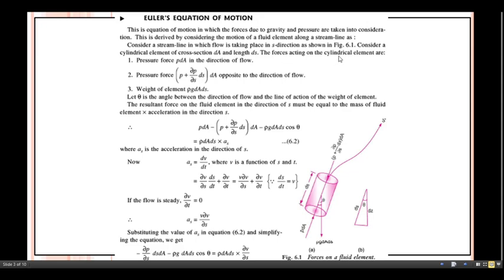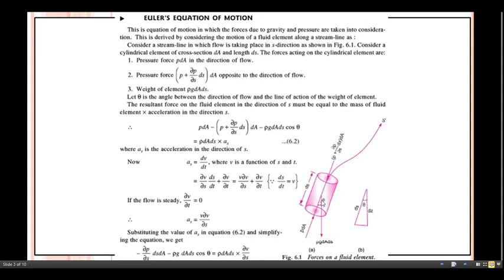The forces acting on the cylindrical element are, first, the pressure force P dA in the direction of flow, and the pressure force P plus ∂P/∂s times ds, times dA. This force opposes the motion, or is opposite to the direction of flow.